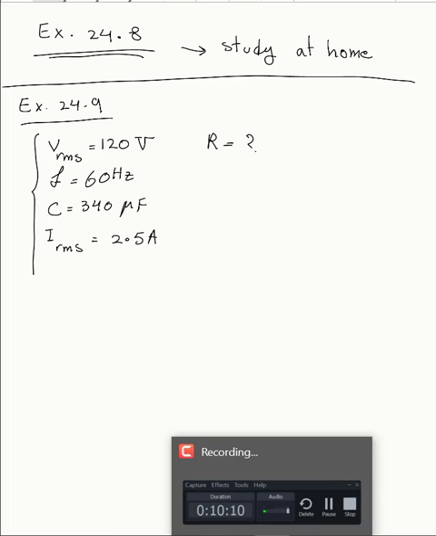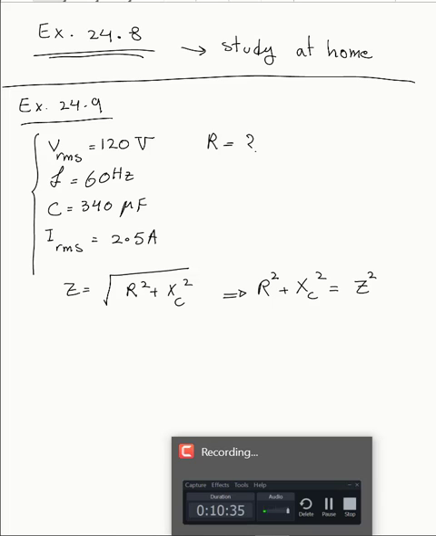As usual, we write down the knowns of the problem and we are looking to find R. I am going to start with the general equation: impedance equals the square root of resistance squared plus the capacitive reactance squared.